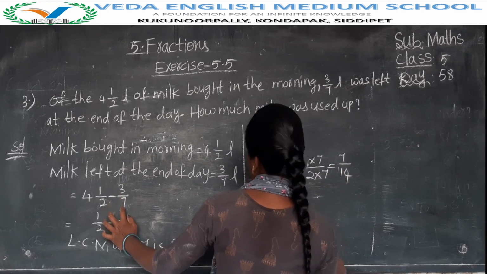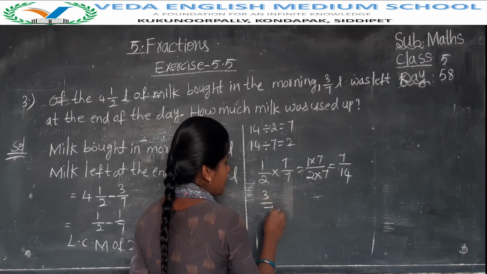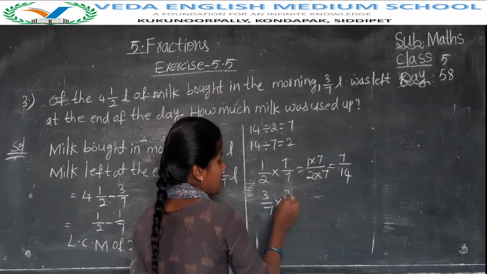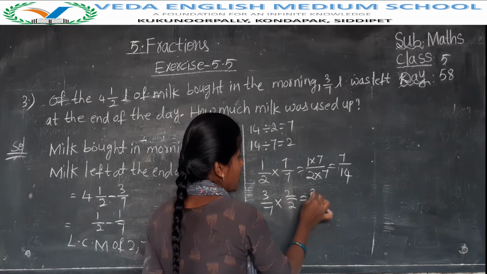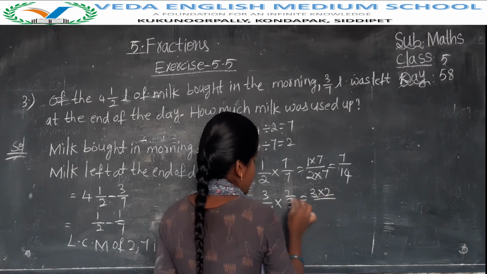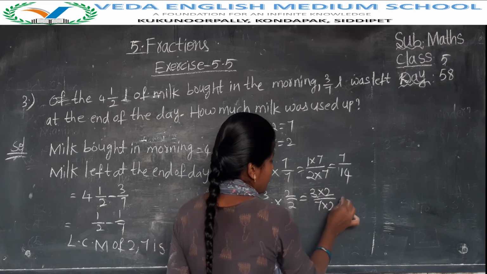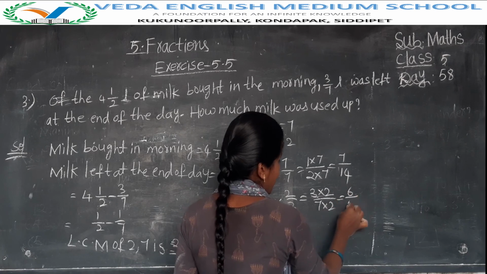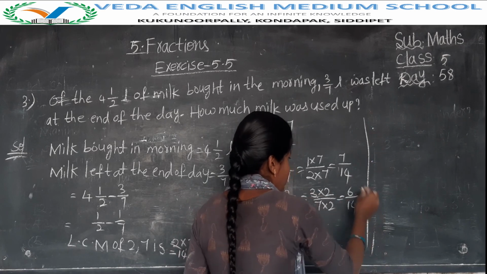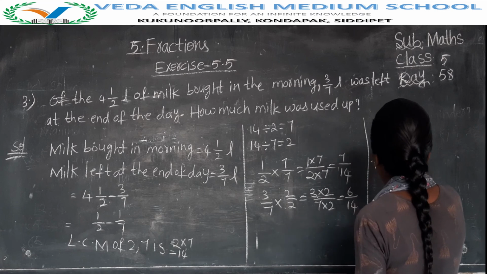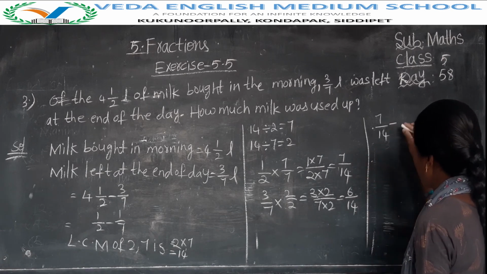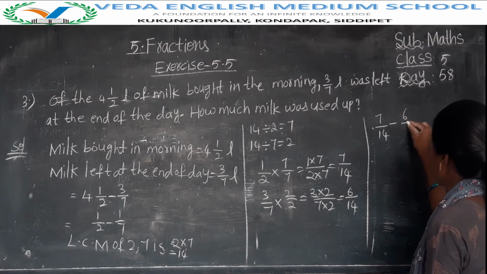Then the second fraction 3 by 7 into 2 by 2, that is 3 into 2 by 7 into 2; 3 twos are 6, 7 twos are 14. Then we have to subtract 7 by 14 minus 6 by 14.